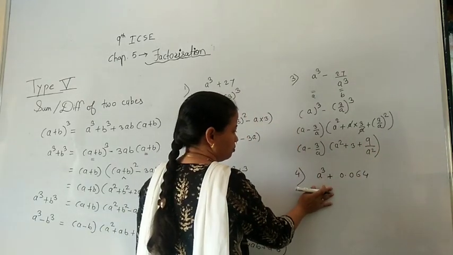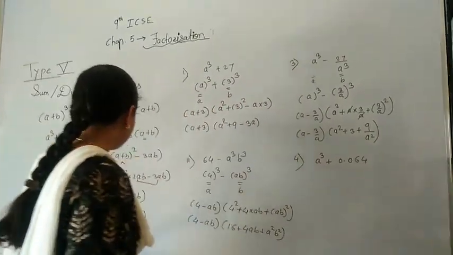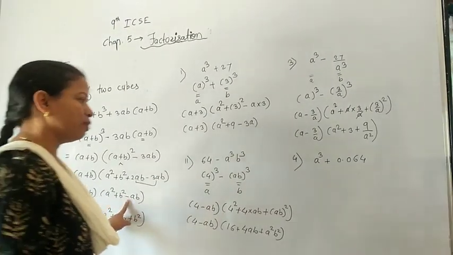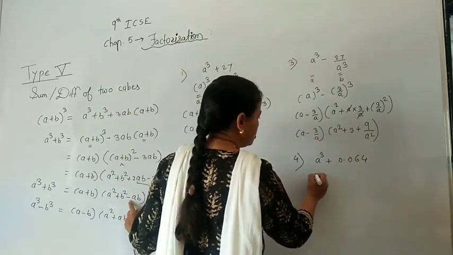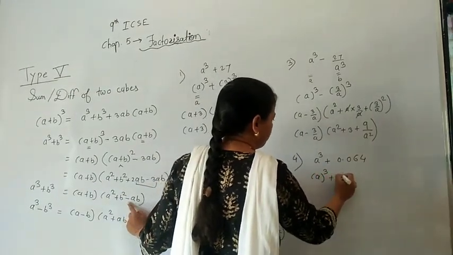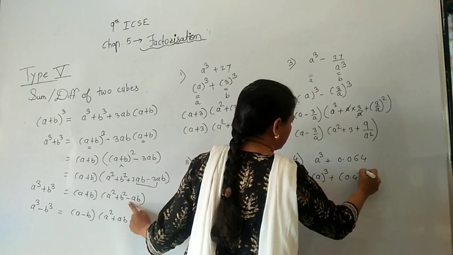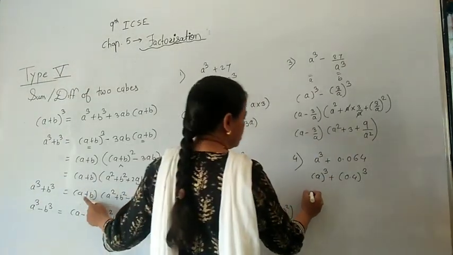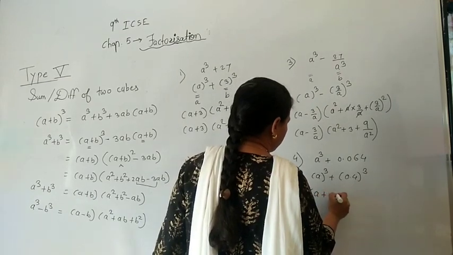Okay. In this question, we have to use plus factors. a plus b, a square plus b square minus ab. So taking cube root first, a cube plus 0.4 cube. Here a plus b first means a plus 0.4.